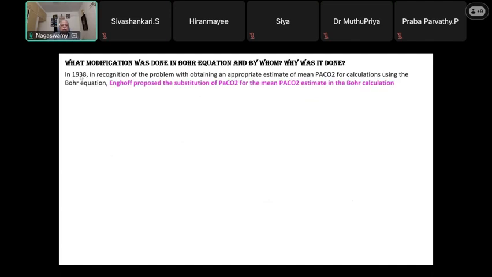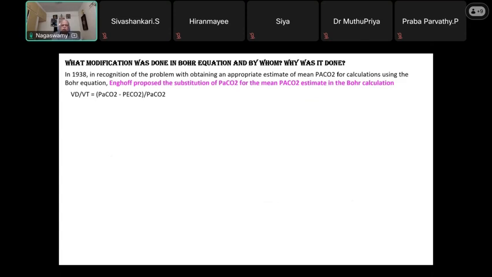Bohr, in 1938, recognized the problem of obtaining an appropriate estimate of alveolar PACO2, meaning alveolar carbon dioxide tension. Enghoff proposed a substitution of the arterial carbon dioxide instead of the alveolar carbon dioxide. First of all, you must know what the Bohr equation is. The Bohr equation is a method of identifying the ratio of dead space to tidal volume.